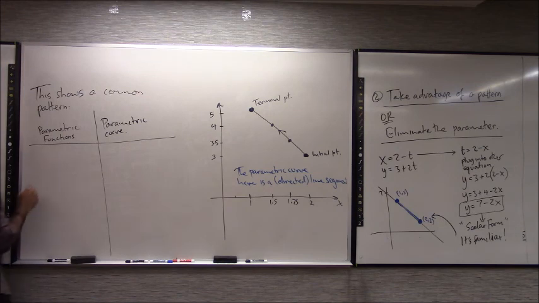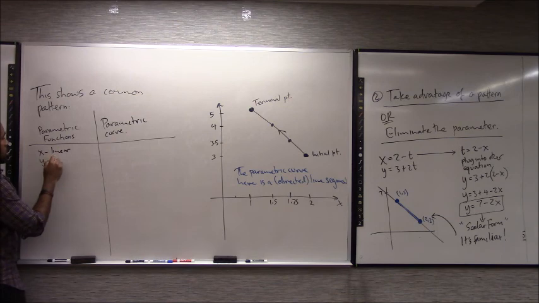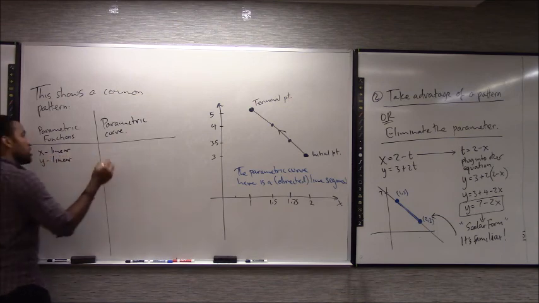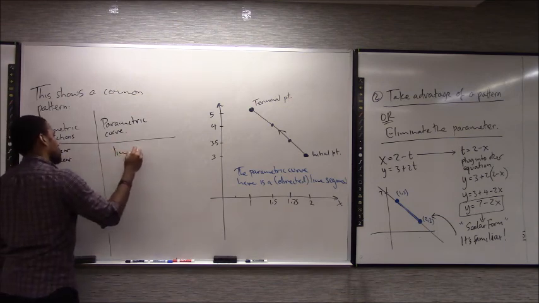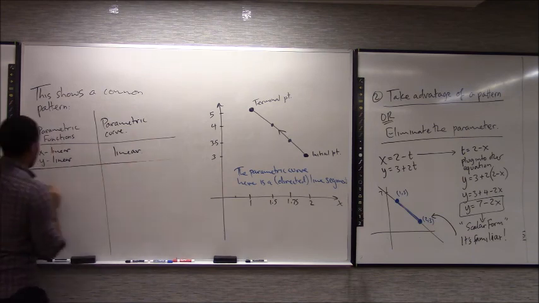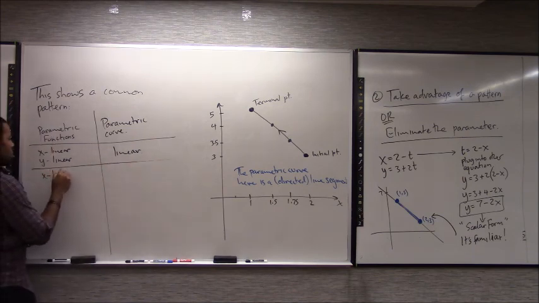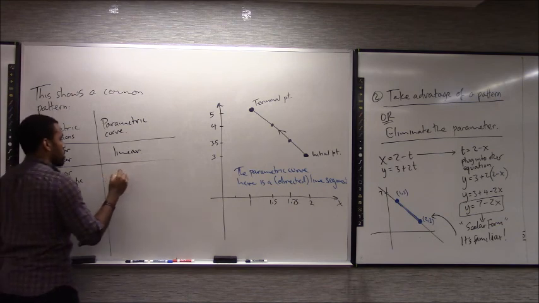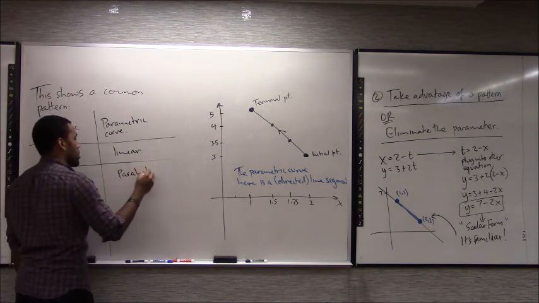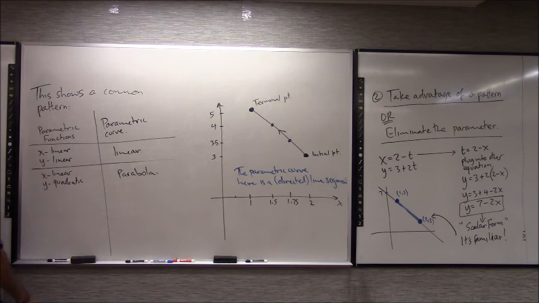It turns out that if, say, x and y are linear, then the parametric curve will be linear. It turns out that if, say, your x is linear and your y is a quadratic, your parametric curve would be a parabola. And normally if one is linear and the other is a certain kind of function, your curve is going to be graphing the other kind of function on some kind of shifted basis.